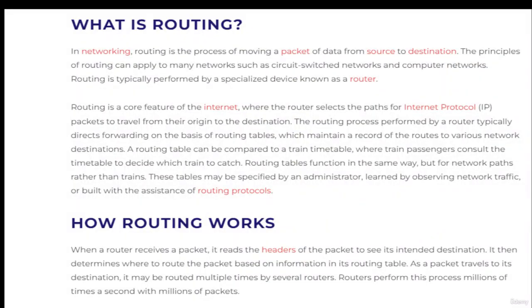Routing is a core feature of the internet, where the router selects the paths of internet protocol IP packets to travel from their origin to the destination. The routing process performed by a router typically directs forwarding on the basis of routing tables, which maintain a record of the routes to various network destinations.